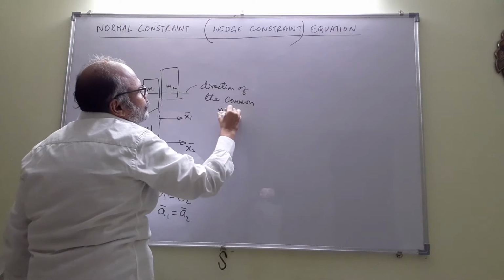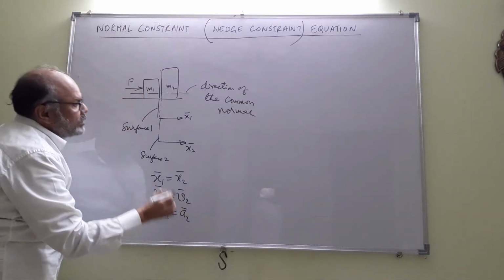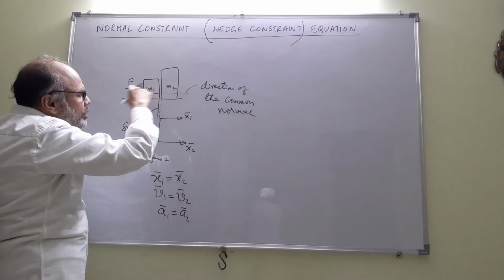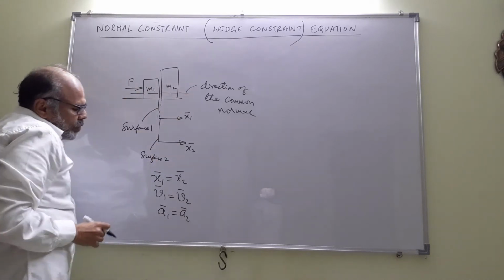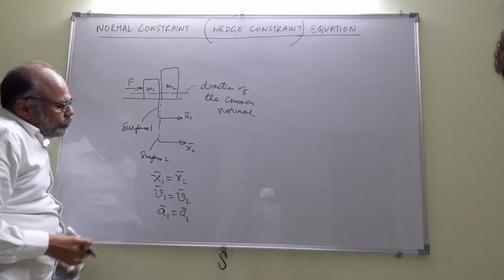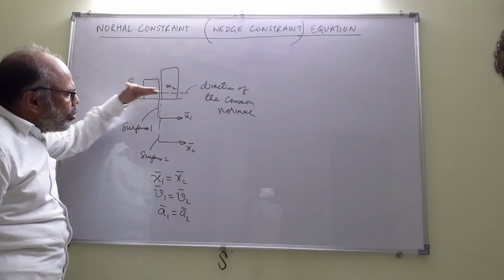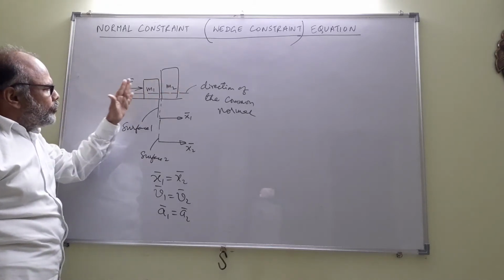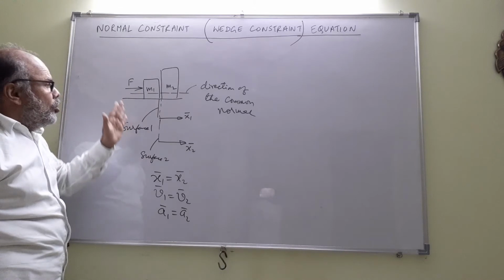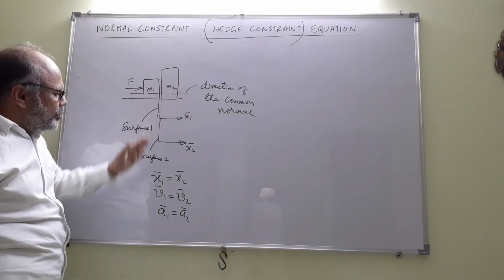These velocities and accelerations are along the common normal. So when we put this condition a1 equals a2 or v1 equals v2, we are basically saying the velocities along the common normal of the two surfaces must be the same, or the accelerations of the two surfaces along the common normal must be the same.